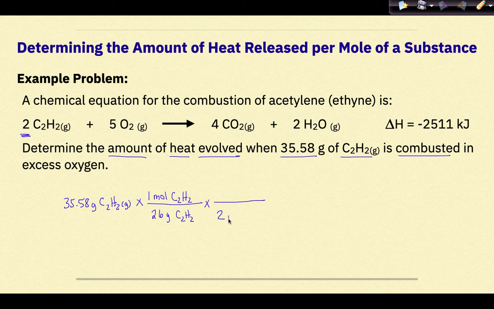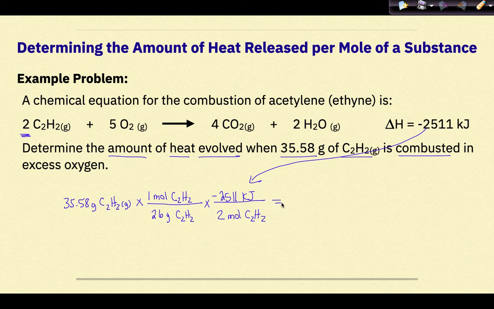So 2 moles of C2H2 is going to release negative 2511 kilojoules of energy. And that's really, really important. I'm getting this from here, and this 2 is going here, because if it was 1 mole of C2H2, then it would be half the amount of energy released.